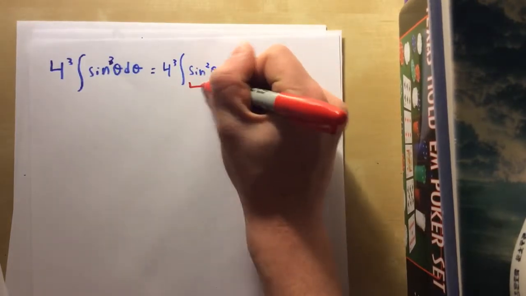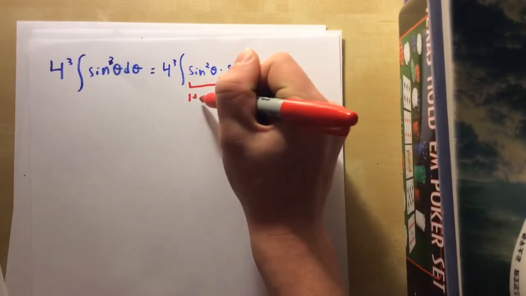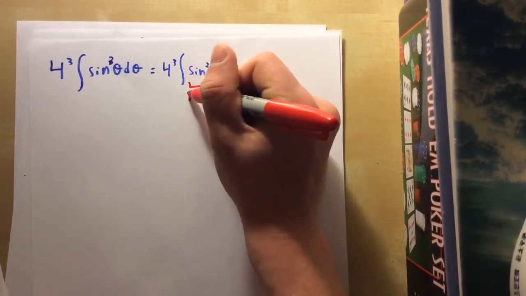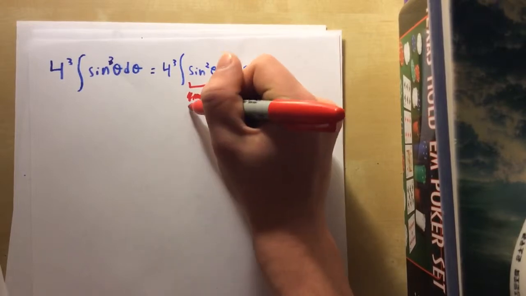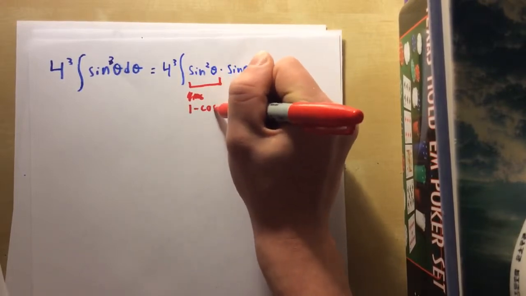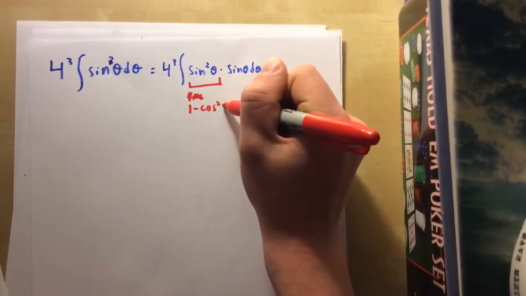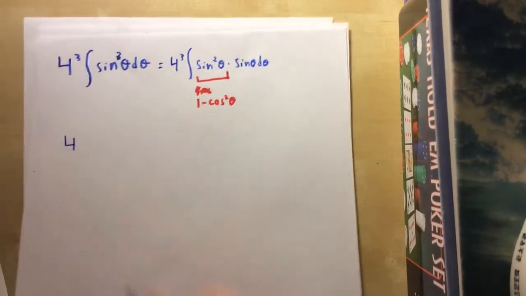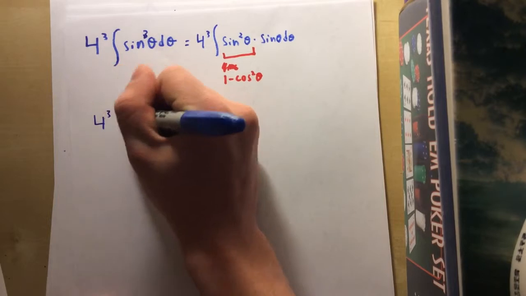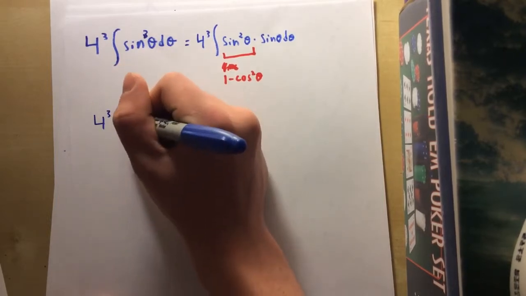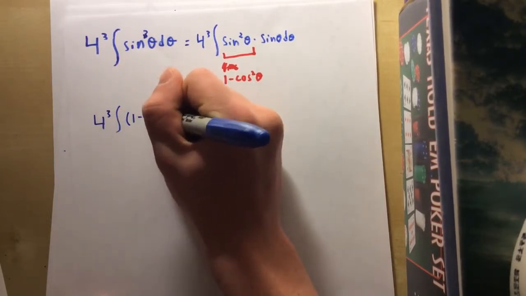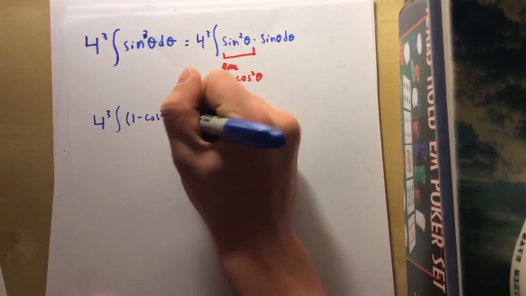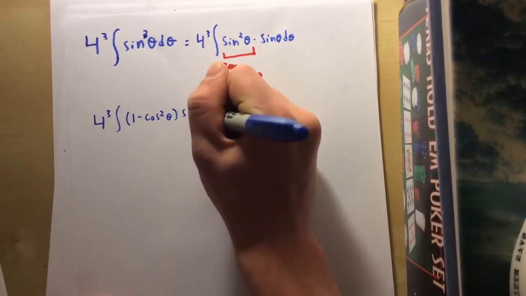So that's going to be 1 minus cosine squared of theta. And from here, let's just rewrite that. So we have 4 cubed, the integral of 1 minus cosine squared theta times sine theta.